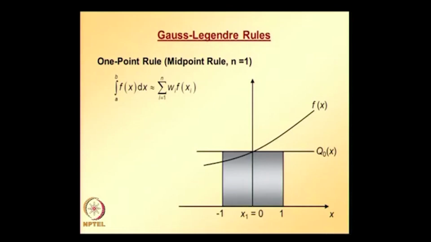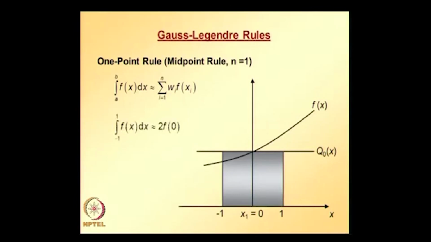The equation shown here is a general equation for Gauss-Legendre rules or Gauss quadrature. That is, the integral of f(x) between the limits a to b is approximated as the function evaluated at certain points multiplied by the corresponding weights. For the 1 point rule, n is equal to 1.